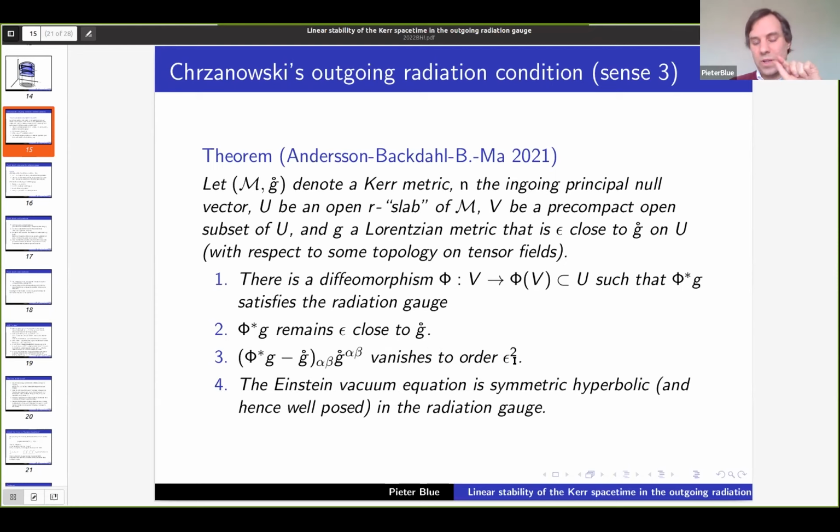And so going to the linearization, this is why you can also impose the analog of the linear trace condition, that in the linearization the trace is also vanishing. And also, once you're in this radiation gauge, finally, you get a symmetric hyperbolic system, and therefore it's well posed. So that's the main result.